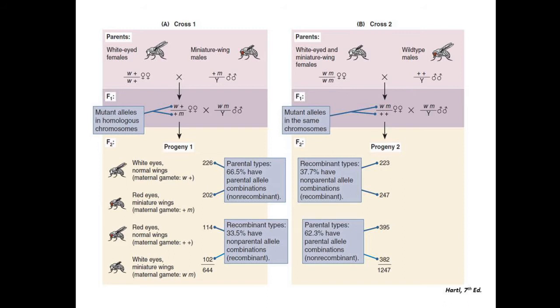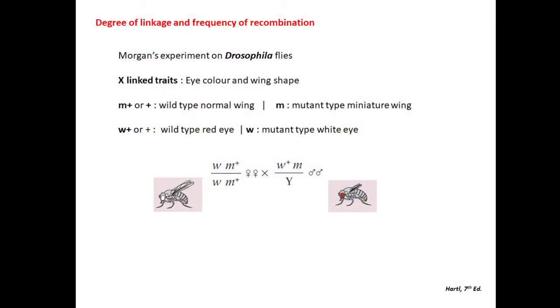These are white eye females, so they have two X chromosomes, because these are X-linked genes present on the X chromosome, and they are crossed with a miniature wing male with red eye. It is the same picture that I have shown in this slide.